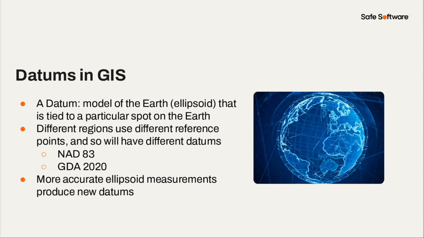But then we also have GDA 2020, which is the Geocentric Datum of Australia. So you can see if we were to use our NAD datum for mapping features in Australia, then the accuracy would probably be off a little bit. And as changes come with the Earth, new datums are produced as well.